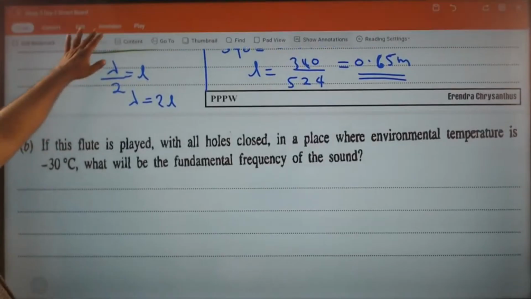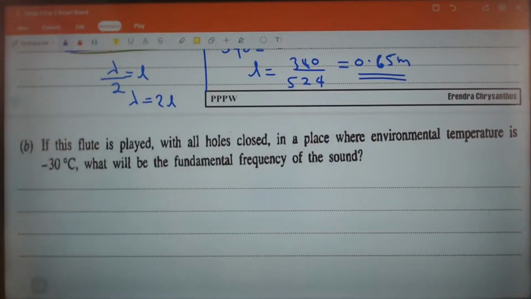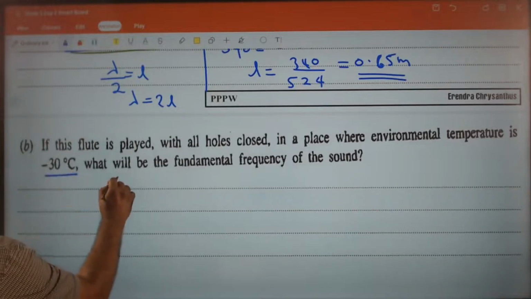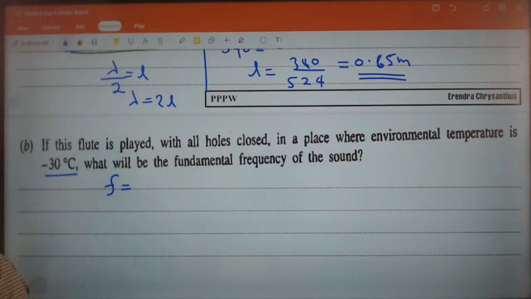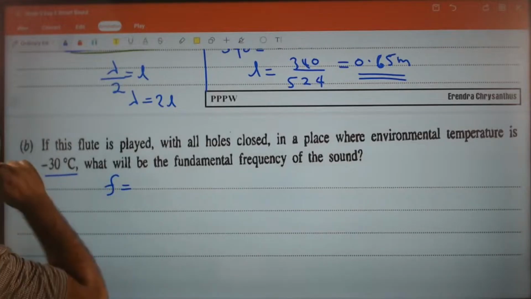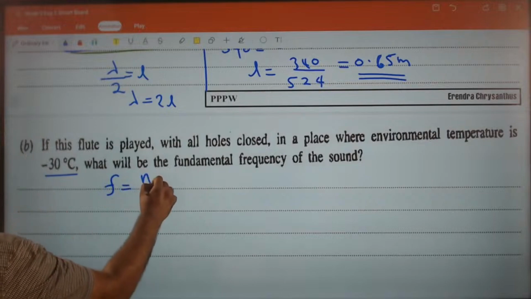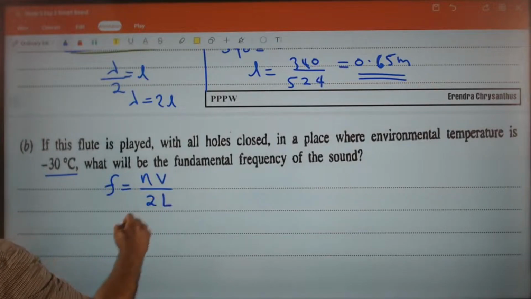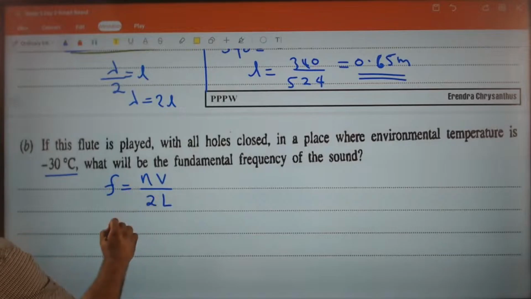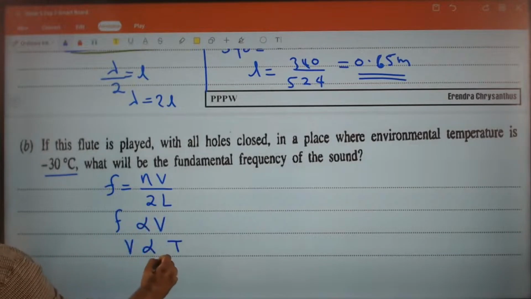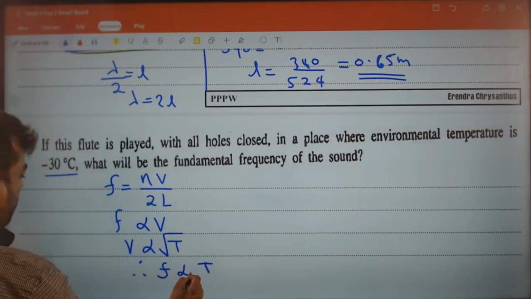If the flute is played with all holes closed in an environment temperature of minus 30, what is the fundamental frequency? Open tube, f equals nv over 2L. F is proportional to V, V is proportional to square root of T. Therefore, F is proportional to square root of T. Look at the board carefully.